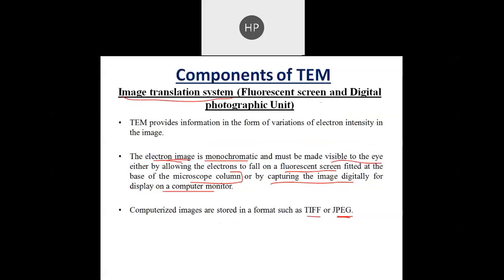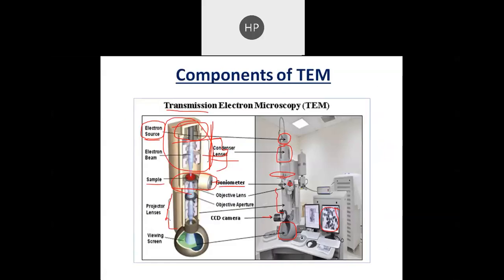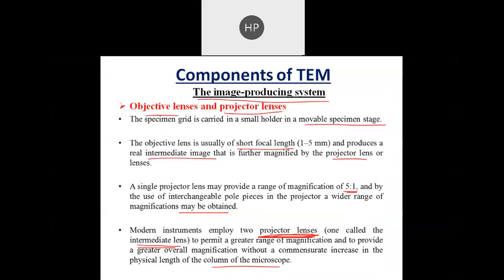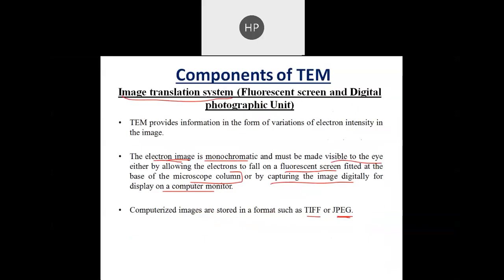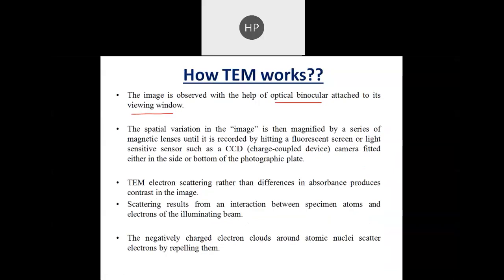Here in this diagram, if you do not get a proper image on the computer or on the fluorescent screen, we have to adjust the specimen, which can be easily adjusted by a mechanical movement. There are certain mechanical and electrical movements available so that we can adjust and get a proper magnified image.